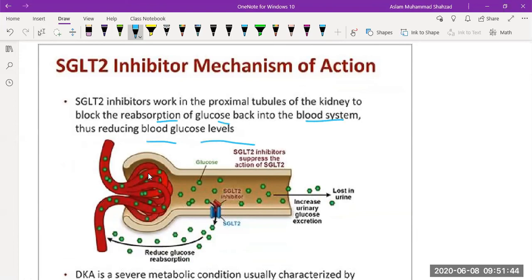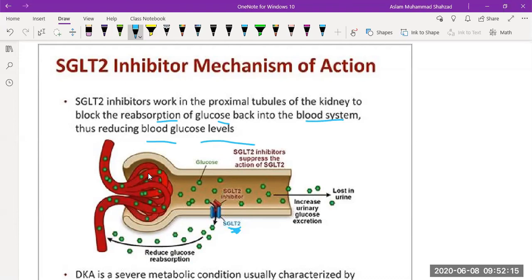So what is happening is that these are the SGLT2 transport mechanisms, and these are the glucose molecules. SGLT2 inhibitors suppress the action of these transporters, and they are responsible for reducing the glucose reabsorption and increasing the glucose excretion.